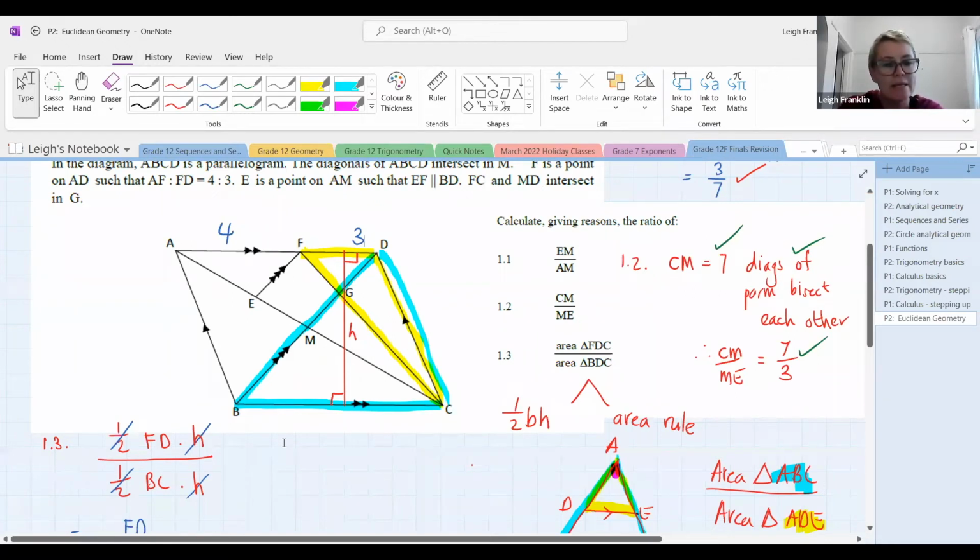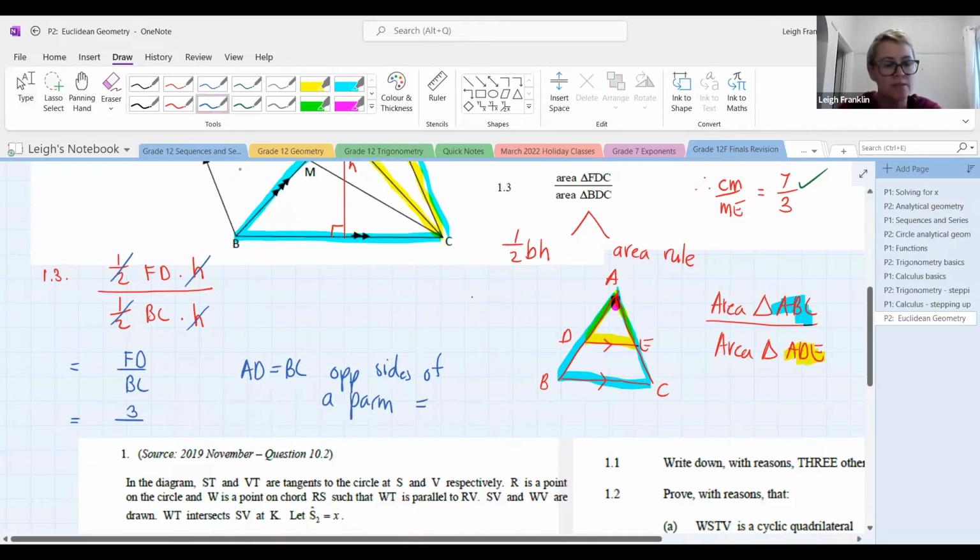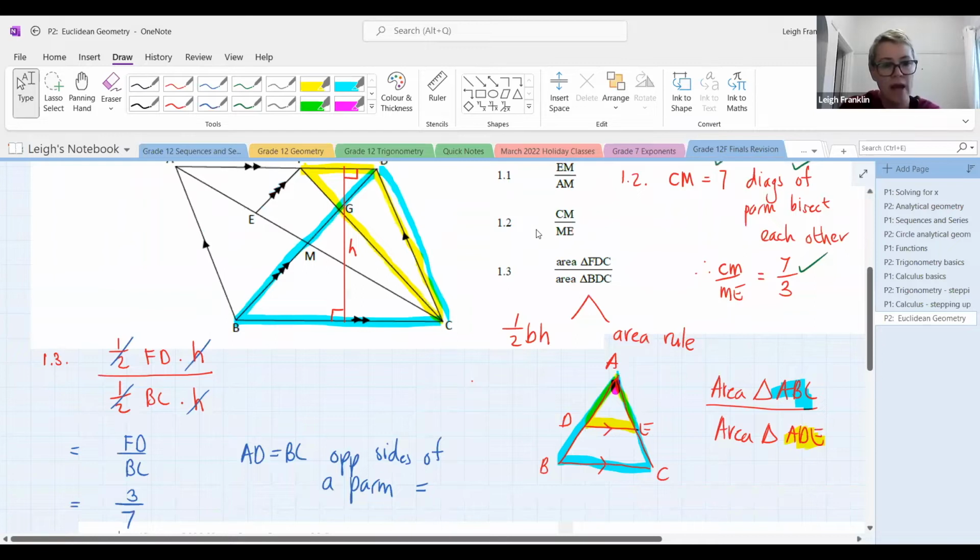AD equals BC, so I need to put that in here. Opposite sides of a parallelogram are equal. So FD was 3 and BC was 7. Everybody happy with that?